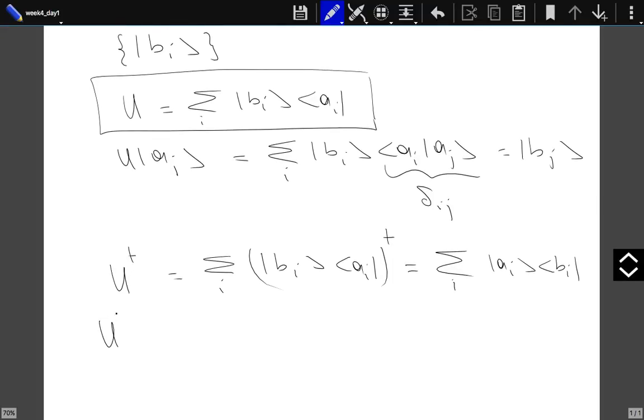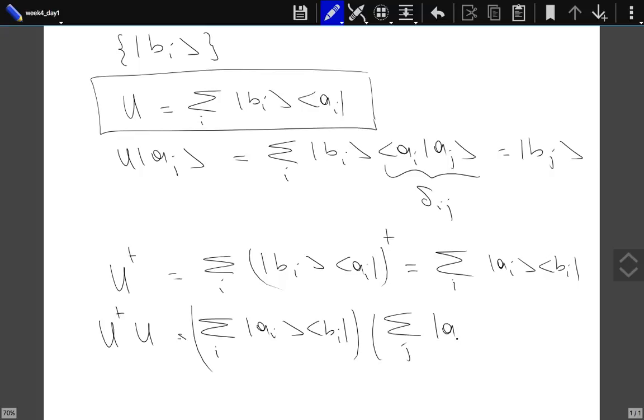And this operator has also one more interesting property. Let's look at U dagger U. So what is U dagger U? Well, this is equal to the sum over i of |Ai><Bi|, this is my U dagger. U is the sum over j of |Bj><Aj|.